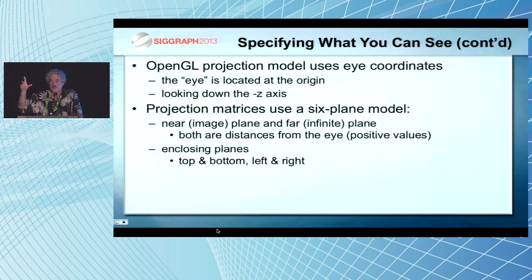And so if you have the typical thing where X goes to the right and Y goes up, positive Z would be going into the plane, right? Is that right? No, I must be off. No, it's coming out, right. The positive Z is coming out of the plane. And so negative Z's are going into the plane.